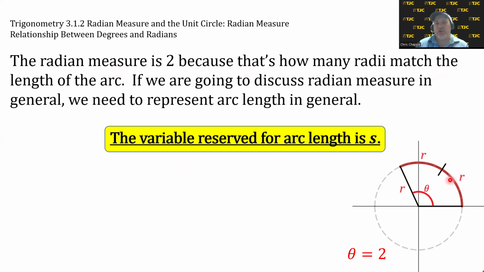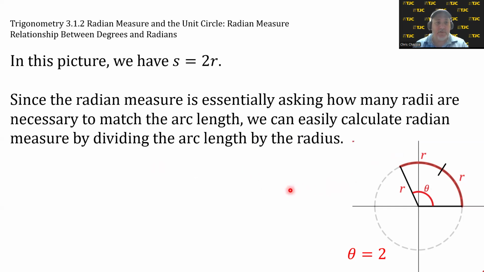If we're going to discuss radian measure in general, we need to represent arc length in general. The variable reserved for arc length is a lowercase s. This will permeate the entire course and is the same variable in calculus. In this picture, we have s equals 2r, arc length equals 2r.